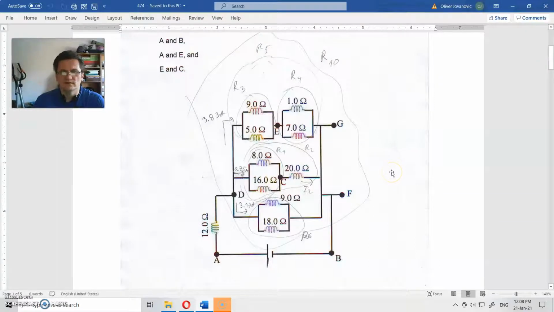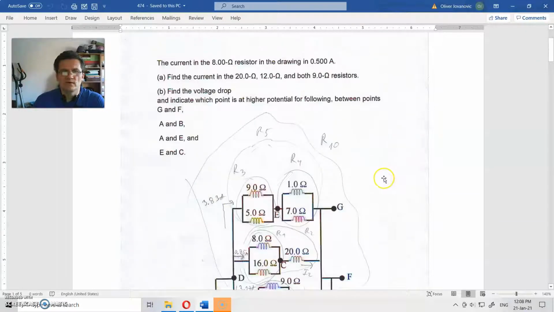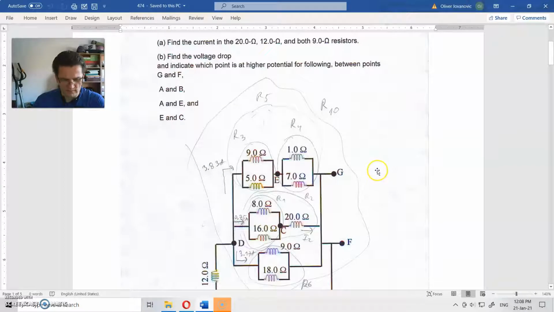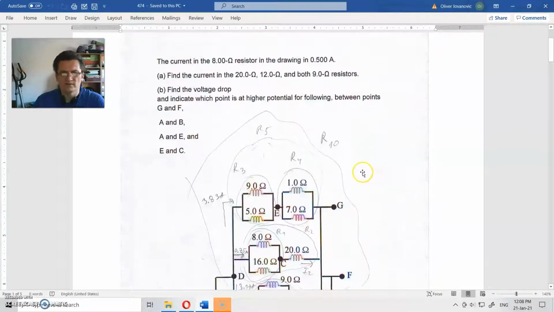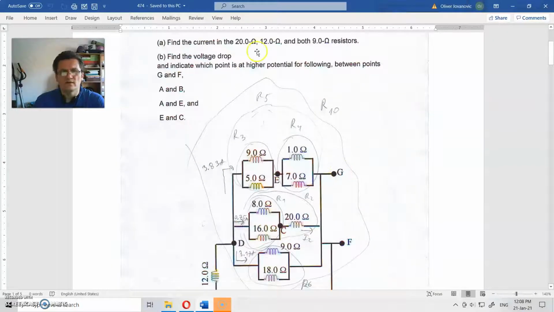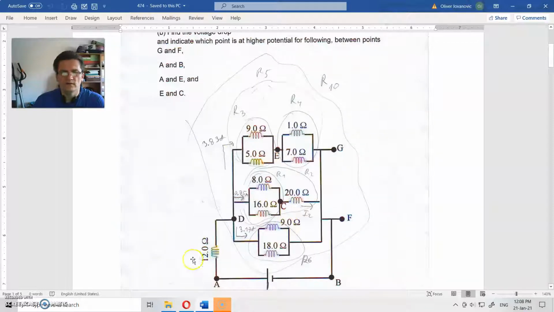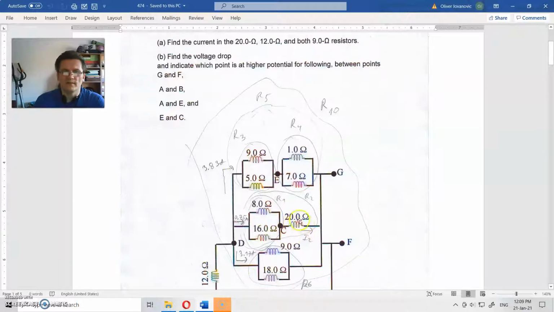So first of all, let us find where is the 12 ohms resistor. Oh, this is the 12 ohms resistor. So we need to find the current through here and through here. So we need to find all currents and all voltages, more or less.